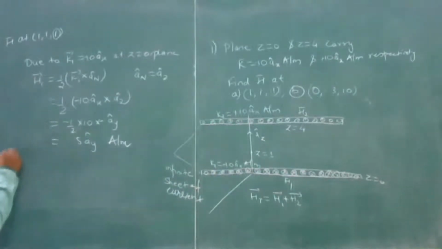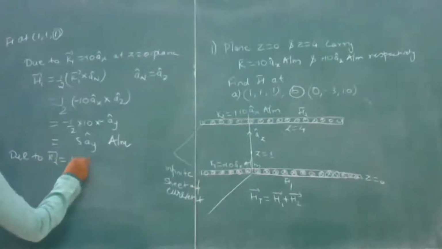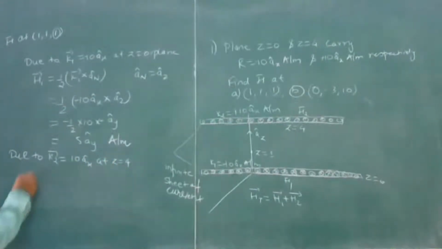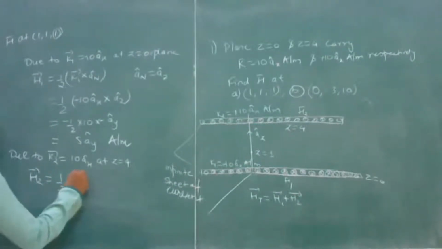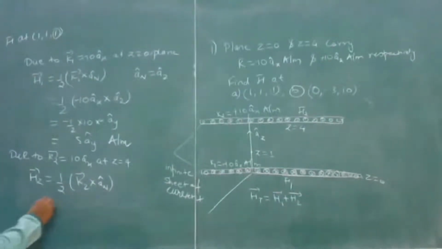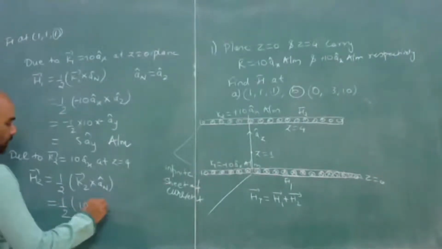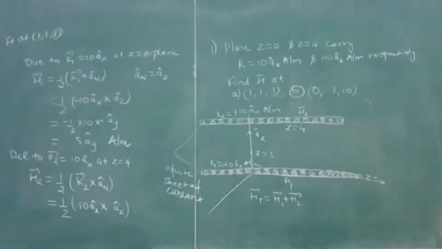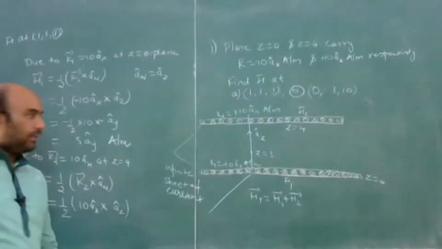Now due to K2, which is minus 10 a_x at the z is equal to 4 plane, H2 will be equal to half K2 cross a_n. This is half of minus 10 a_x cross a_z, but we have to consider the convention of a_z.